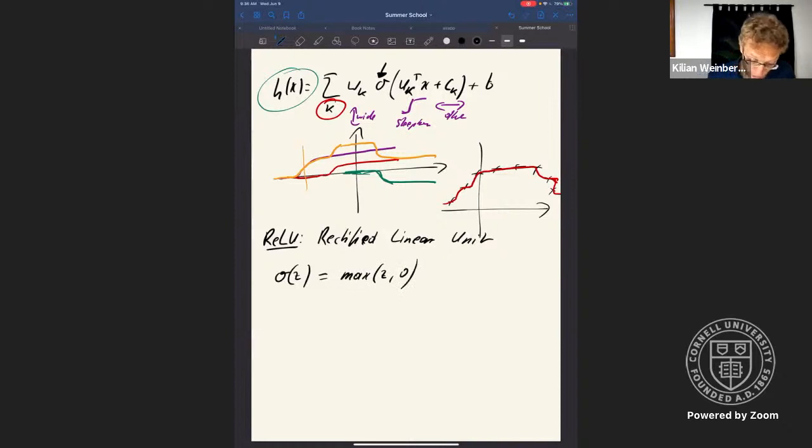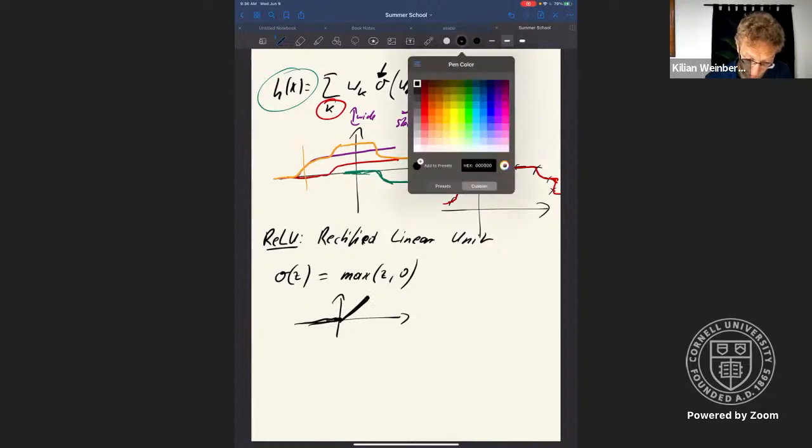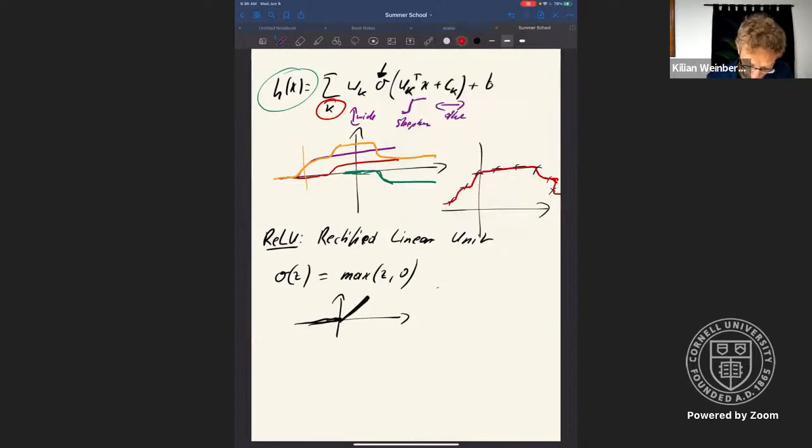These functions look a little different. They don't look like this. Instead, they look like this, and they actually have a line here. Once again, same thing: you learn a bunch of parameters, and so you can learn functions that go like this, or like this, or steeper, or less steep, and so on.